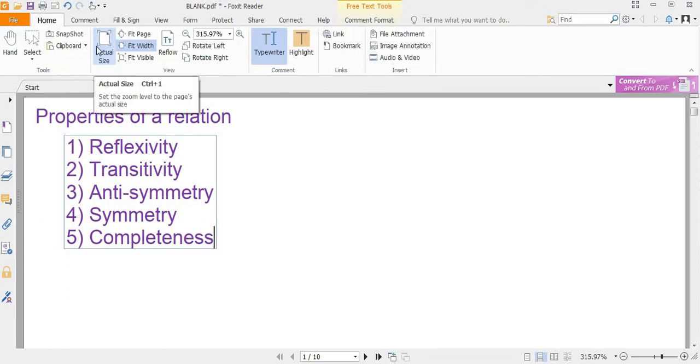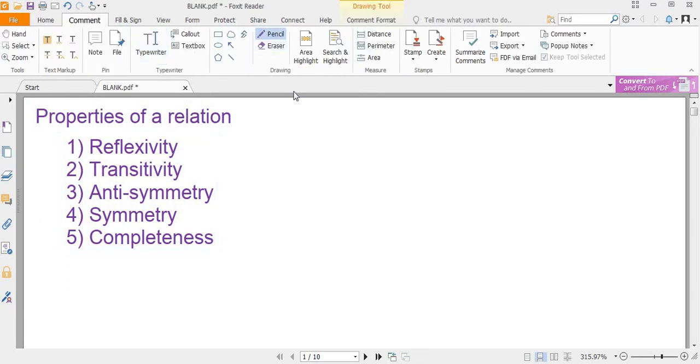So now that we have the 5 properties, let us look at one property at a time. Let us say that we have a relation R, and suppose the relationship R is greater than.